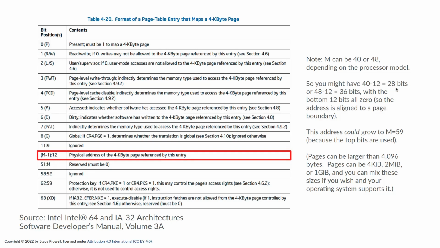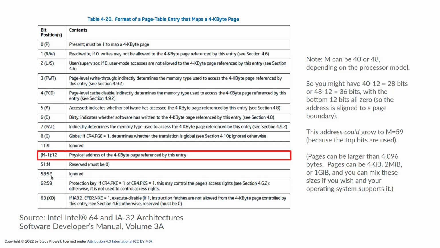So you might have 40 minus 12, 28 bits, or 48 minus 12, with 36 bits, with the bottom 12 bits all zeros. So the address is aligned on the page boundary. And m can grow, right? I could use this reserve bit here, and I could use these ignored bits here until I grow all the way up from bit 12 up to and including bit 58.